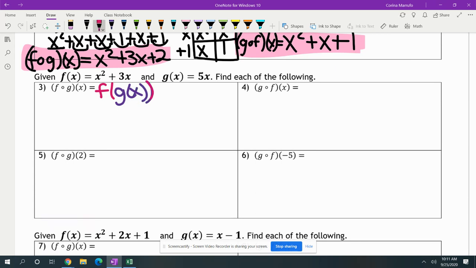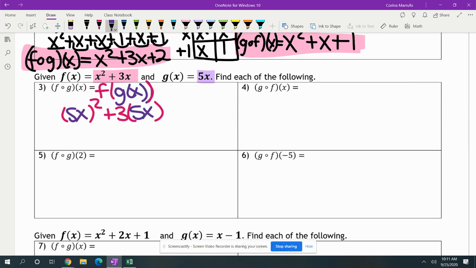We start off with our f function. My f function is x squared plus 3x. So it's going to be blank squared plus 3 times blank. Okay? And then my g function is 5 times x. So in these blanks, I'm going to plug in 5 times x.